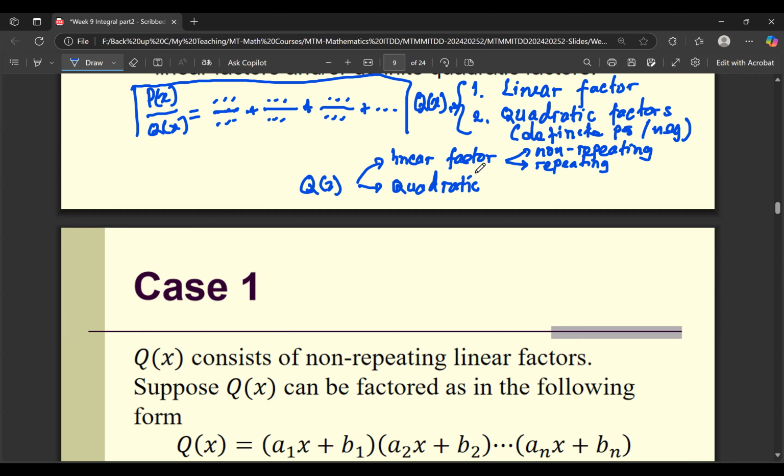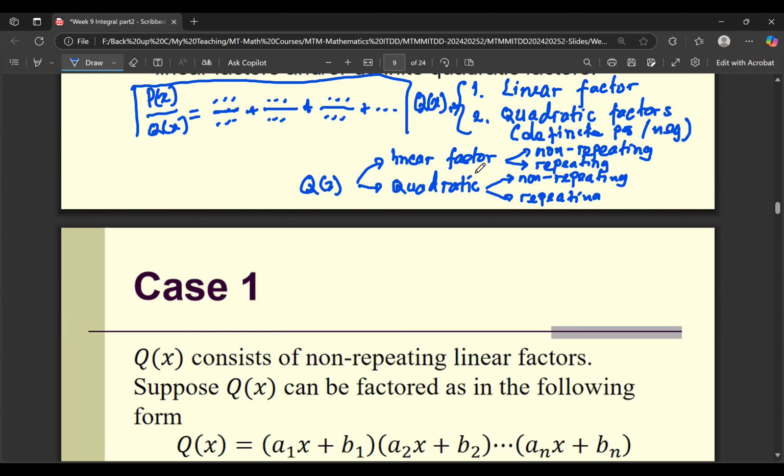Also for the quadratic, we have the case of non-repeating, and the second, repeating.